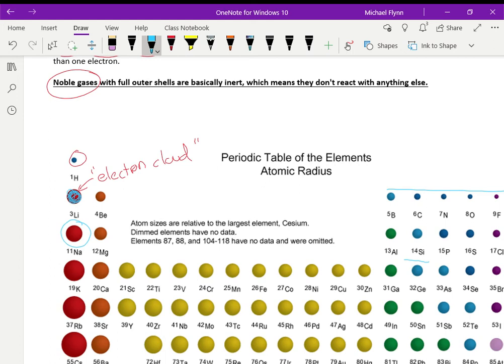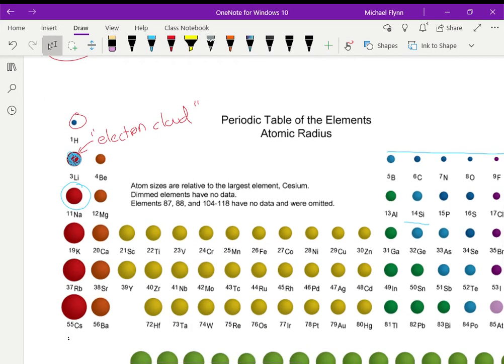Now we filled up a shell, so we're adding an extra shell. As soon as you add an extra shell, the atom's radius gets bigger. So the alkali metals are the biggest elements in every row, and the bigger you are, the easier it is for you to lose your valence electron. That's why you get more reactive as you go down this list.